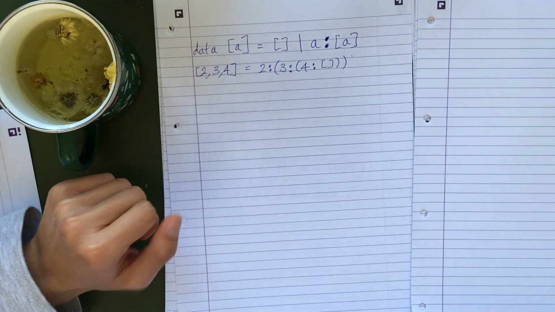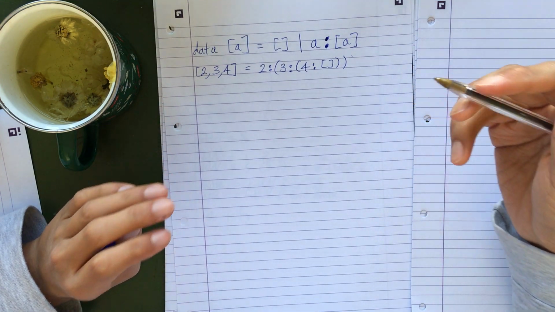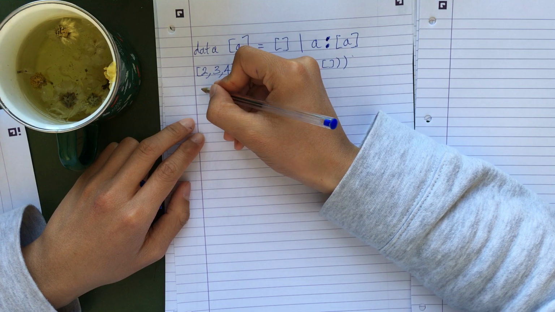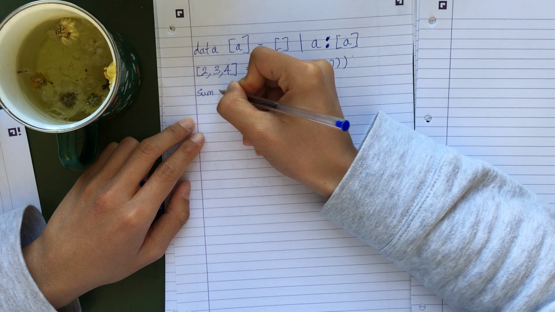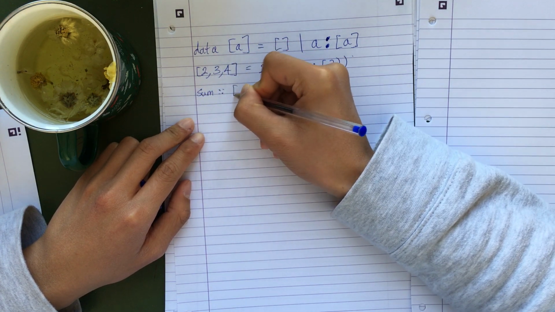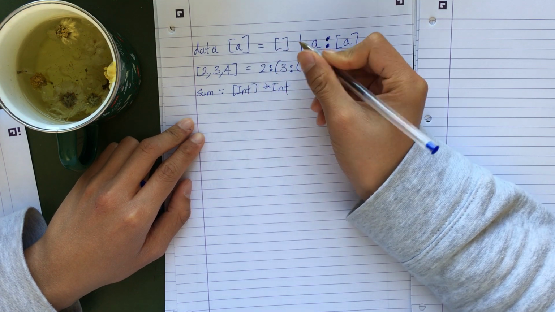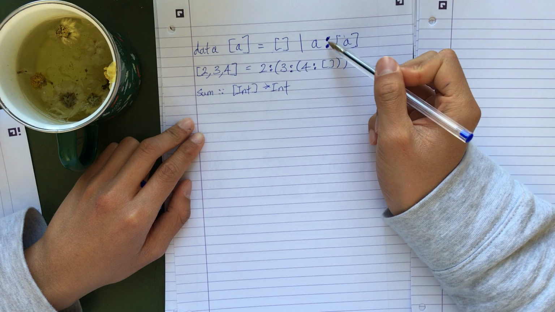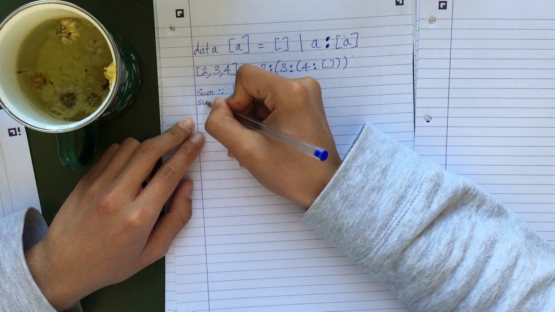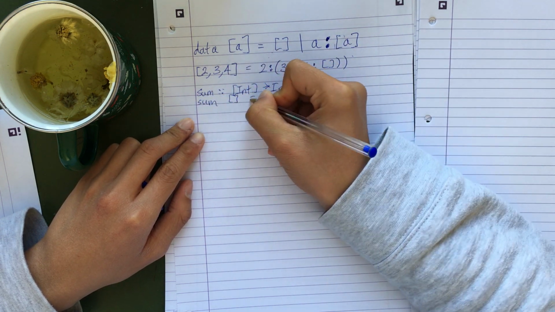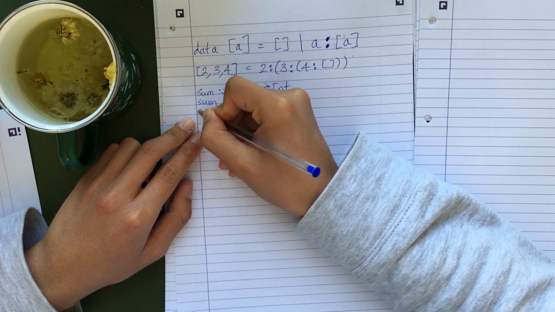Let's try to find the sum of a list of integers. Okay, so how do we do that? Well, let's do the thing with natural numbers and peel the onion layer by layer. Look at the outer layer. Is it empty? If it is, you've got nothing to add, so it's 0.